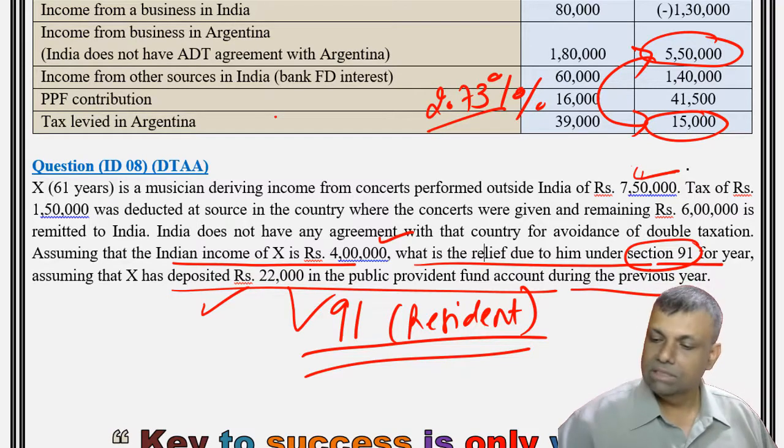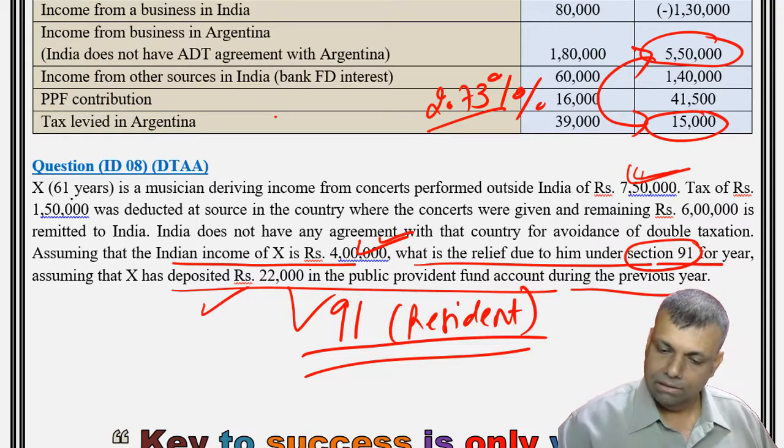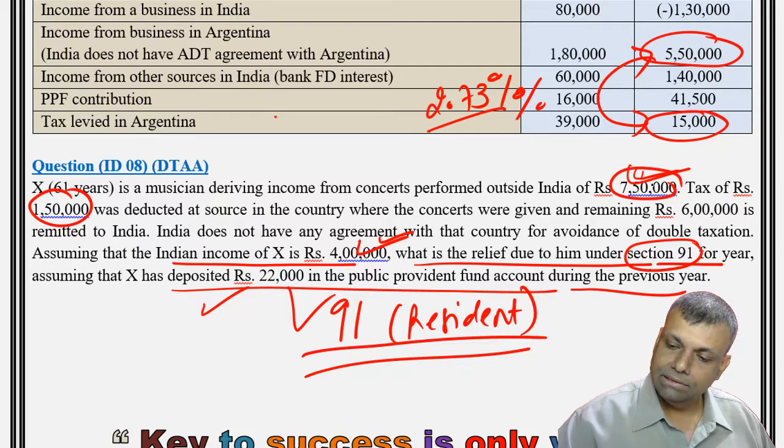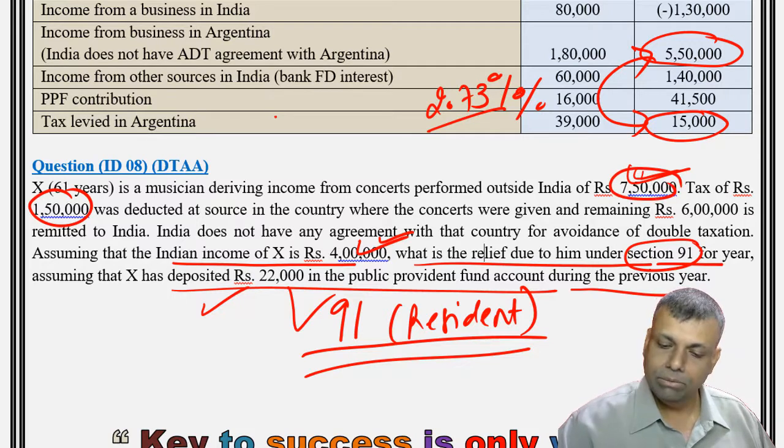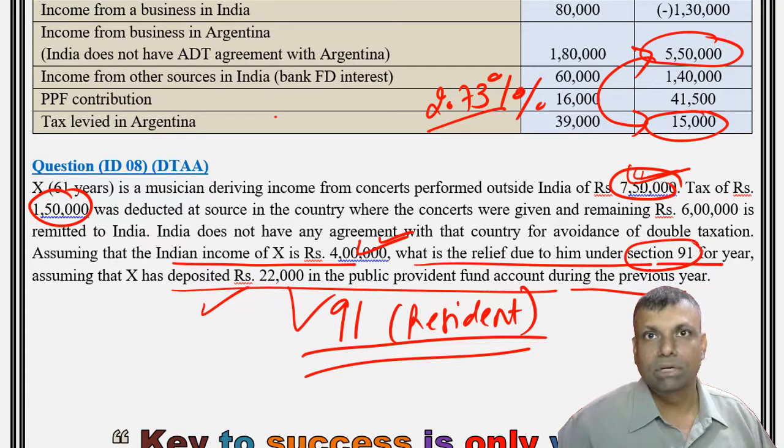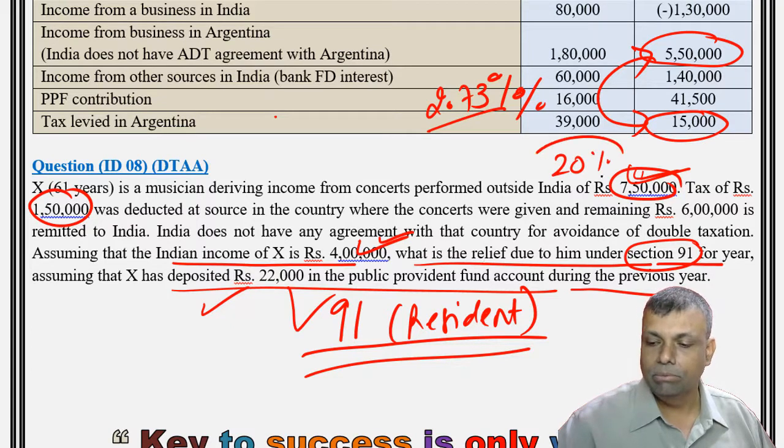Our foreign income is 7,50,000 and Indian income is 4 lakhs. The foreign average rate is 1,50,000 divided by 7,50,000, which converted to percentage is 20%. That will be the foreign rate.